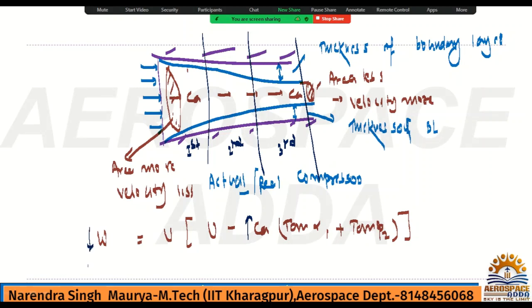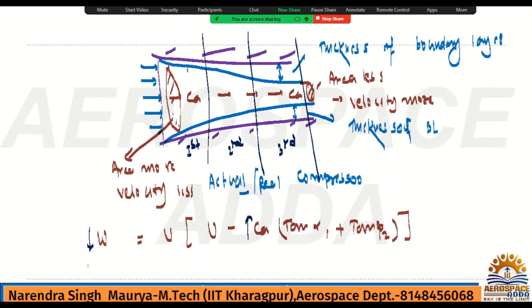Because of it, everywhere, from first stage to third or fourth stage, the work absorption is not the same everywhere. You got my point? Work absorption is not the same. If the number of stages is increasing, then work input will be decreasing.